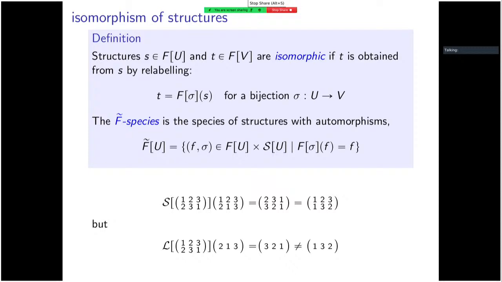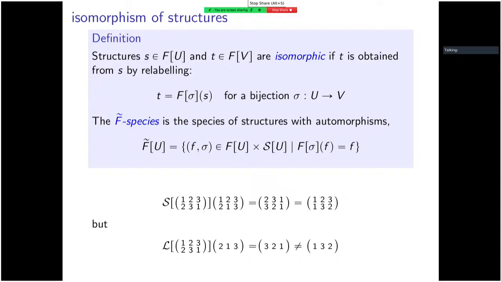If I apply this relabeling to this permutation, I replace all the 1's by 2's, so these two 1's become 2's. I replace all the 2's by 3's, so these two 2's become 3's.